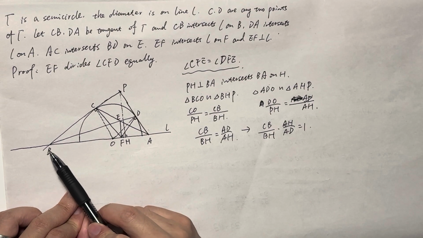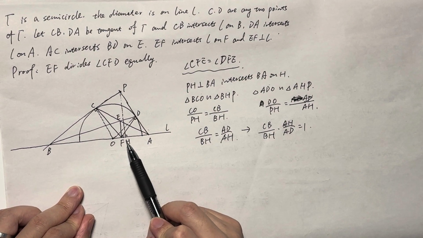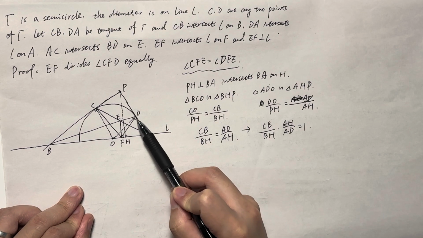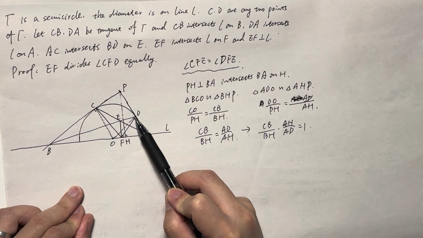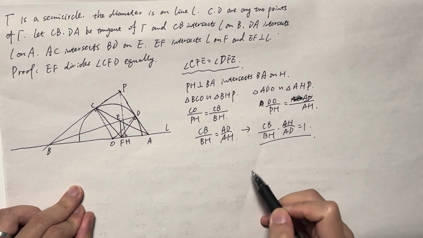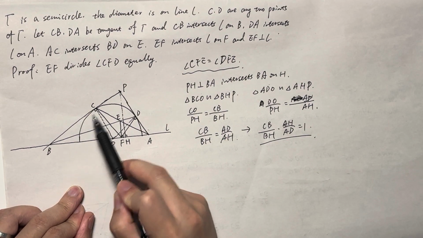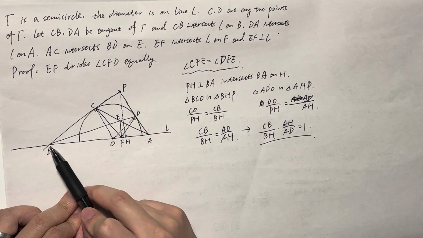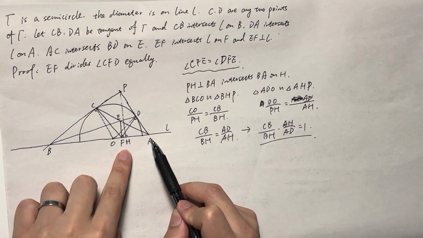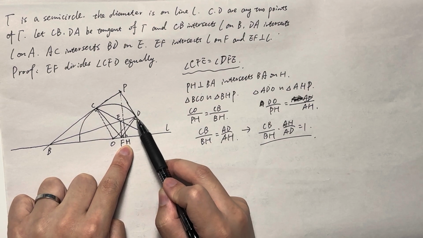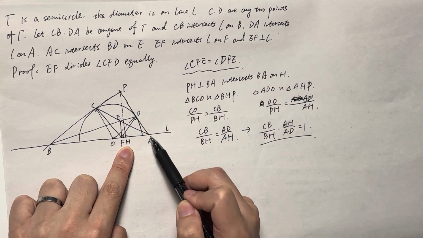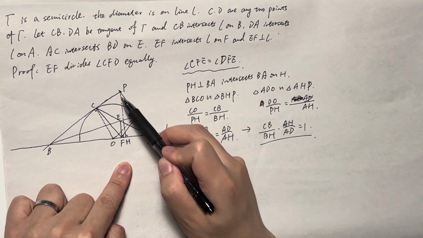CB divided by BH, then HA divided by AB. That means we have the lines AC, BD, and PH.